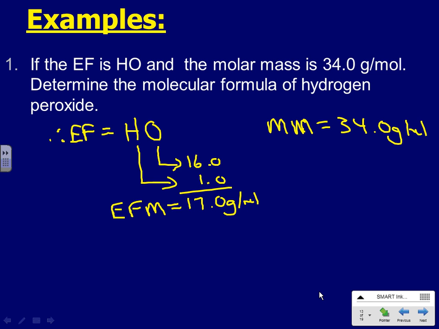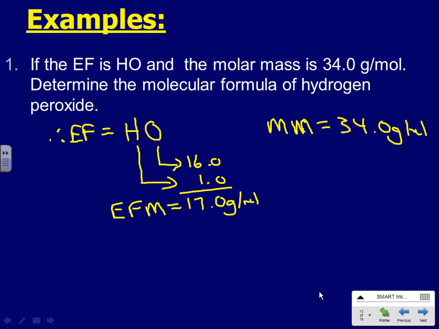It's just the mass of a small chunk. I now need to figure out how many pieces of this fit into the entire molecule. Well, we don't need to do a calculation for that. Well, can you tell me how many pieces of HO fit into the entire mass of this molecule? 2. Now, sometimes it's not so clear, so we should write a calculation down.